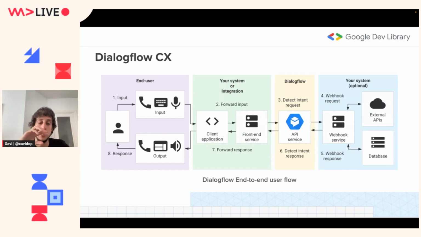You are in this part of the conversation. You told me this, so you have to transition to XYZ flow or page, and these are the things that are going to be executed. For instance, requesting a webhook service that can get information from the database, or requesting external APIs, for instance, the AccuWeather API.